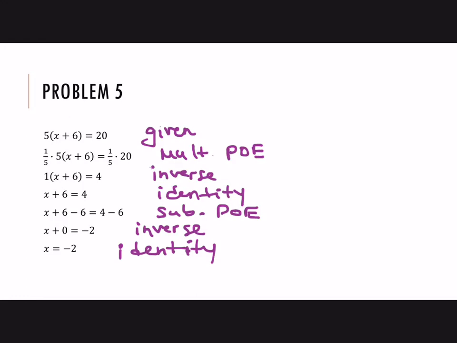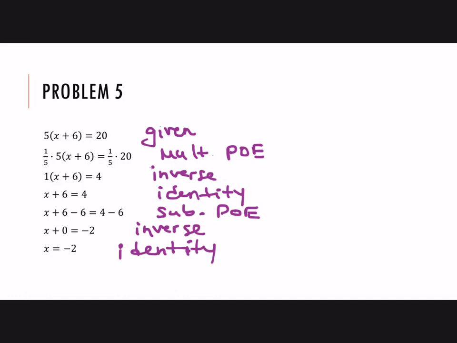This is interesting because normally you might think to distribute the 5 here, but here's another option for solving equations. You can actually just move the 5 to the other side by dividing it away or by multiplying by its inverse. So you might like to do this if this number, something like the 20, is easily divisible by the number on the left.